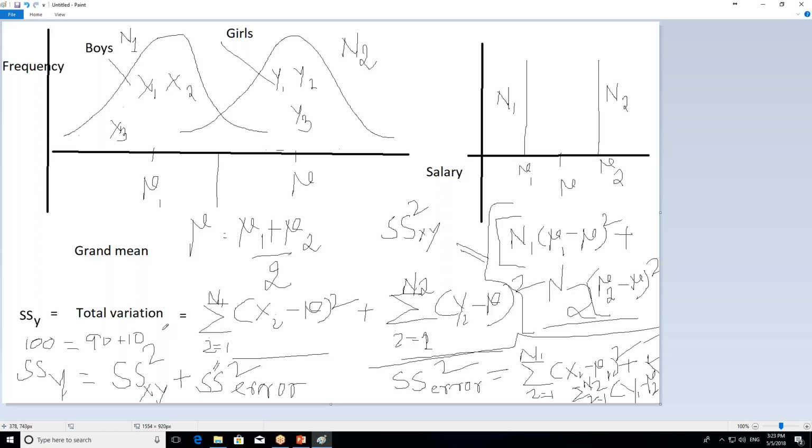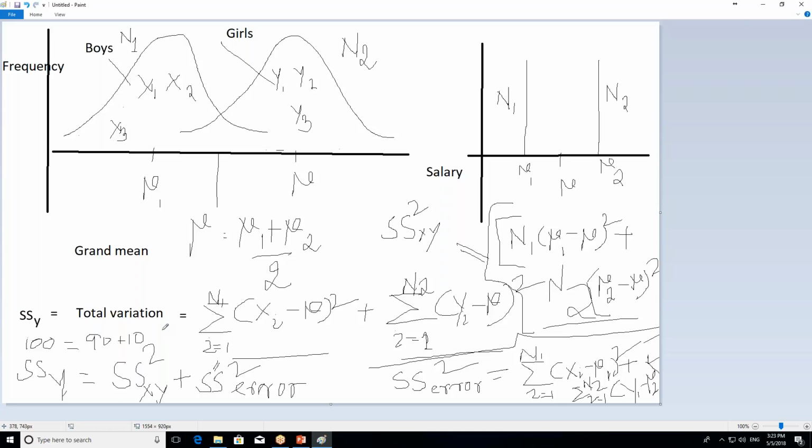The sum of square between the group gives us confidence that the groups differ from each other. The sum of square error, which is the sum of square within the group, tells us the groups do not differ much.